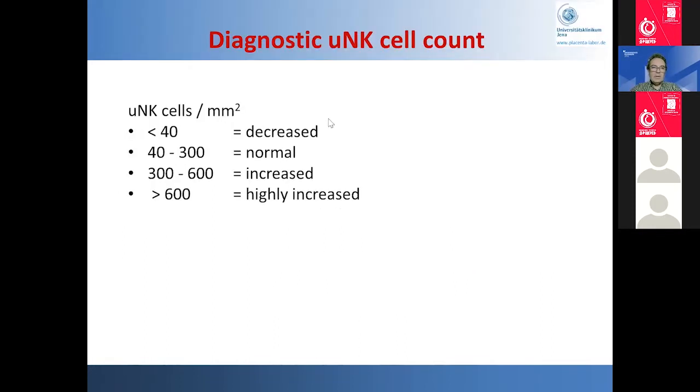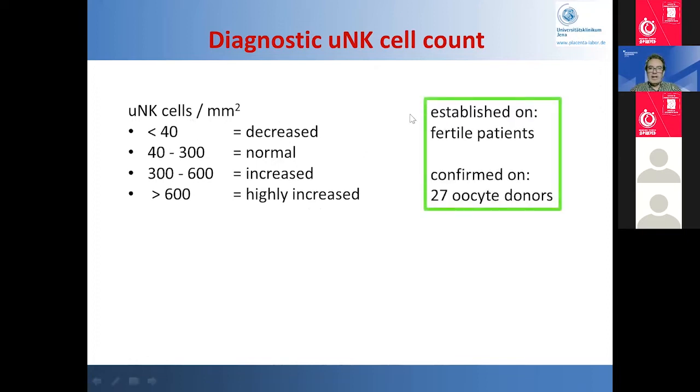We have, in the beginning, defined normal values. This has been established on fertile patients. So the first group were patients who underwent some gynecological tests in the University Hospital of Heidelberg.